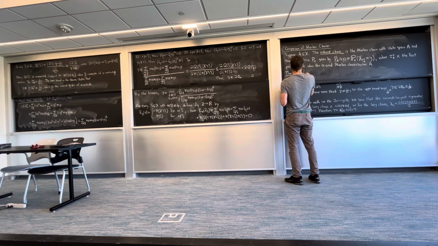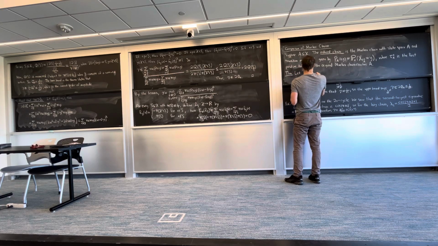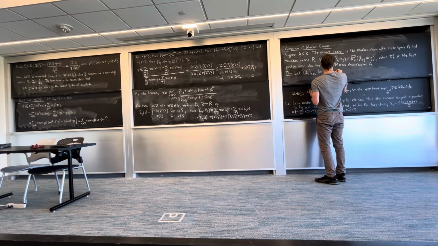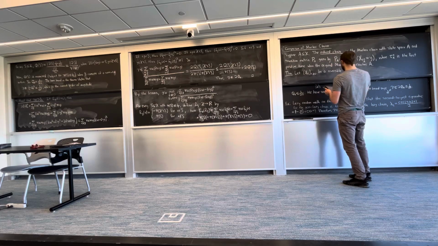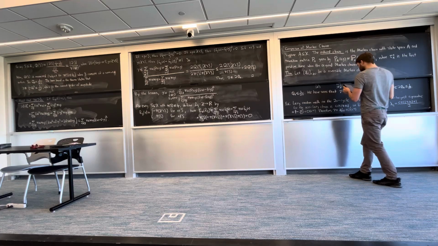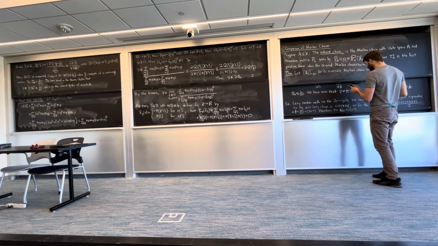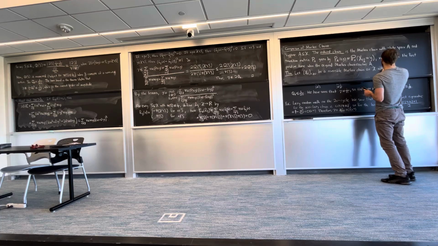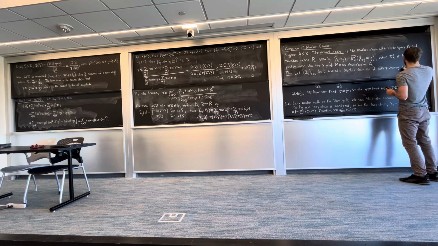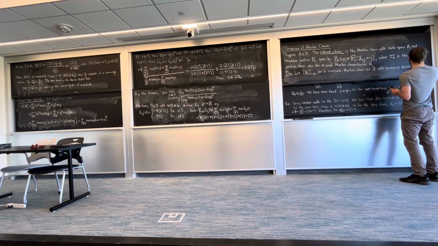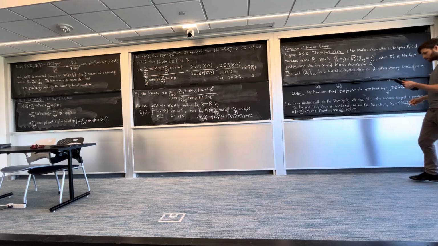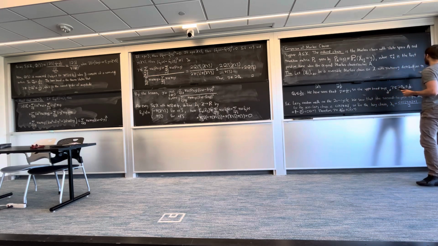Let X_t, t at least 0, be a reversible Markov chain on state space X with stationary distribution pi like usual, and spectral gap gamma.